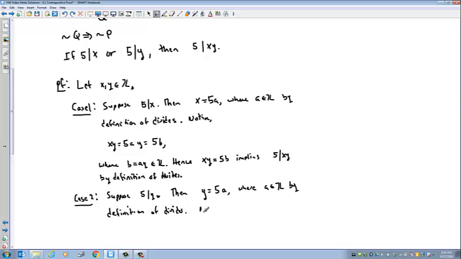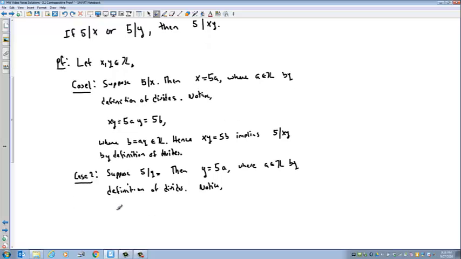And then again, we say notice what? Notice if you take x times y, that's equal to x times 5a, which is the same thing really as 5 times x times a, because multiplication is commutative, which is equal to 5 times b, where b is equal to xa this time, and that's certainly an integer because integers are closed under multiplication.